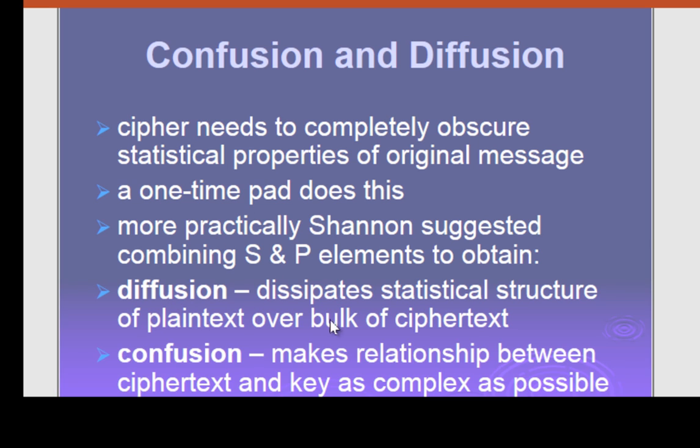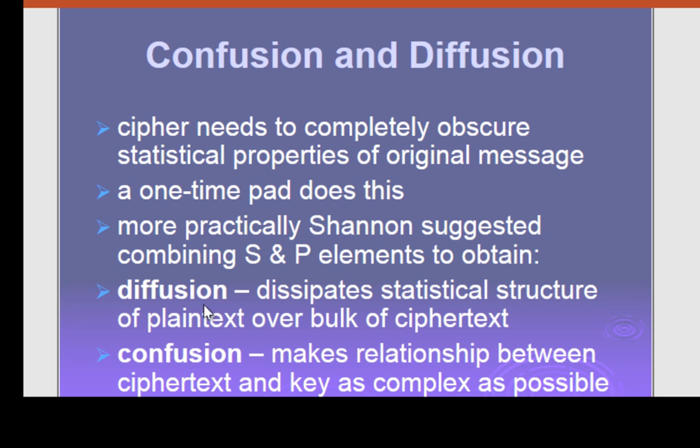If you see diffusion, it dissipates the statistical structure of plain text over the bulk of the ciphertext. Just like spreading seeds in a land, you spread the letters of the plain text on the paper and generate a ciphertext. So it becomes a very complex ciphertext.